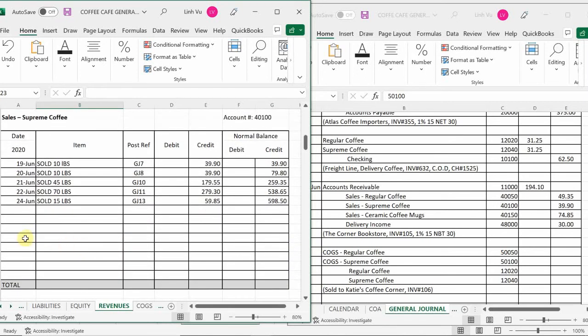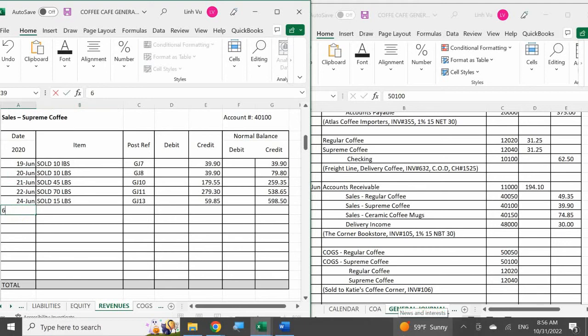How much Supreme coffee did we sell? Was it 10 pounds? For 39.90. Yes.